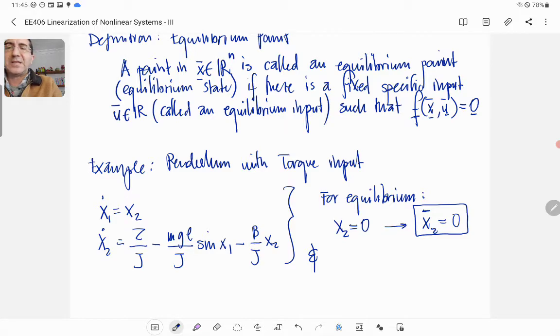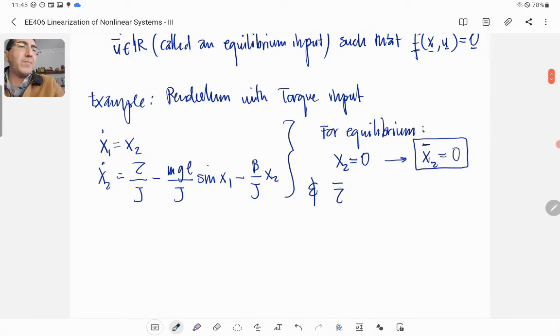So for an equilibrium input tau bar, this equation needs to be satisfied: mgl over j sine x1. Because we know x2 is necessarily equal to 0 at equilibrium, we can just omit the last term. But at this equilibrium point, x1 bar needs to satisfy this equation.